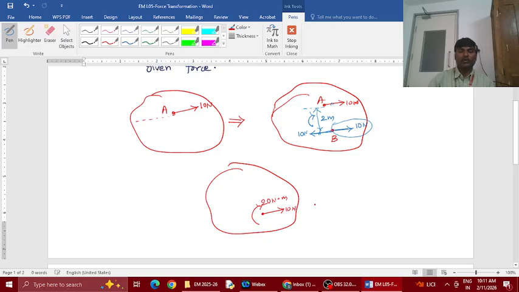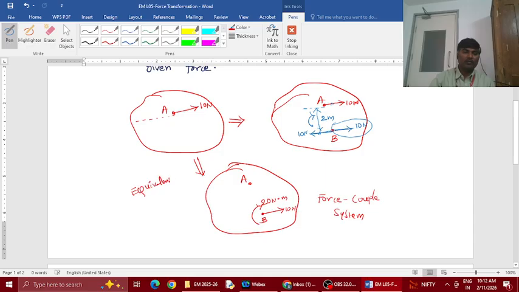So now this is a force couple system. Now you see a force at A has been transformed into a force couple system at some other point B. Originally the force was at A, and these two are equivalent in action.